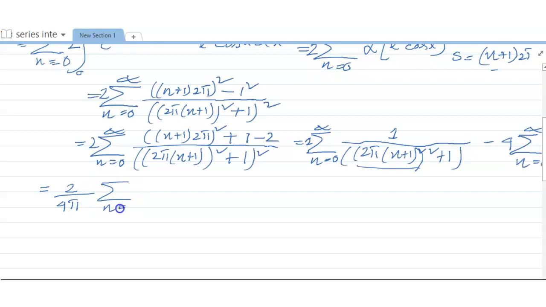Summation n equals 0 to infinity 1 by ((n plus 1) whole square plus 1 by 4 pi square), and minus 1 by (4 pi) whole to the power 4, this portion also.